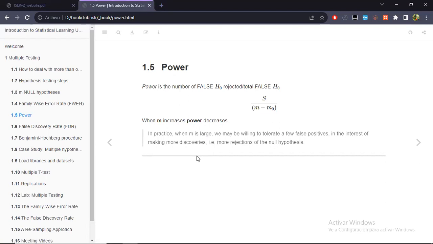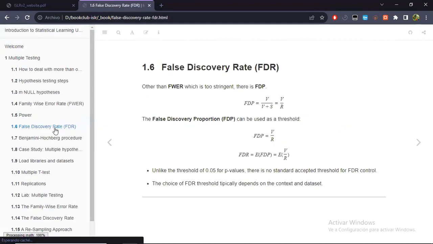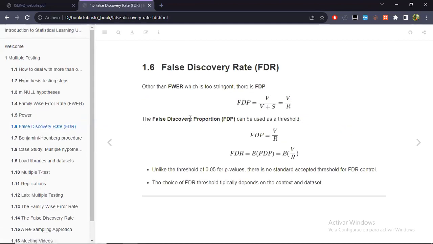So in what follows, it's really just a better control of these type 1 and type 2 errors, so that we can accept some more false positives, but now we will get more discoveries. And they do this as follows. So instead of this over here, we define the false discovery rate.